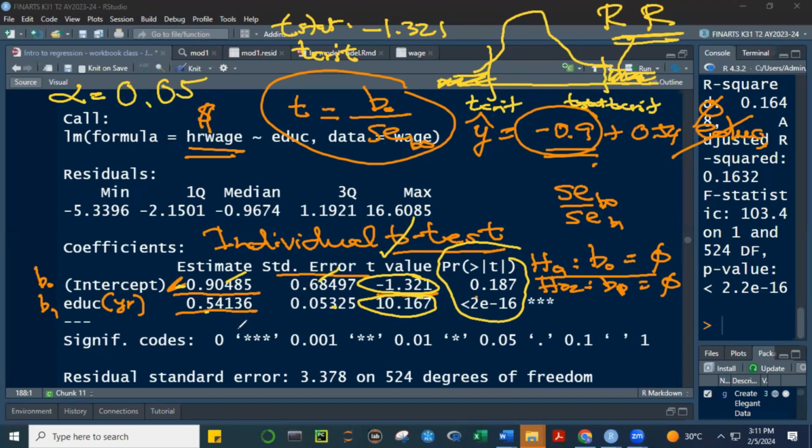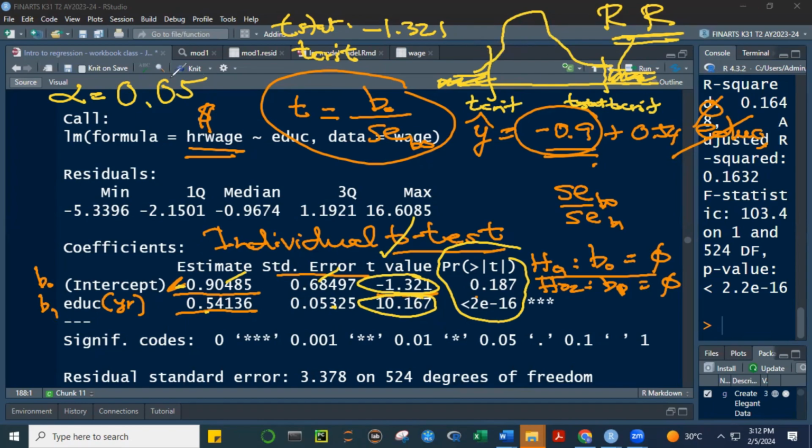Pwede yung slope natin negative. So, ano tayo, class? Two-tailed tayo. Okay? Kasi pwede magkaroon ng negative values yung estimates natin. So, pag negative values yan, yung t-values natin pwede maging negative. Pwede maging negative yung t, pwede maging positive yung t.